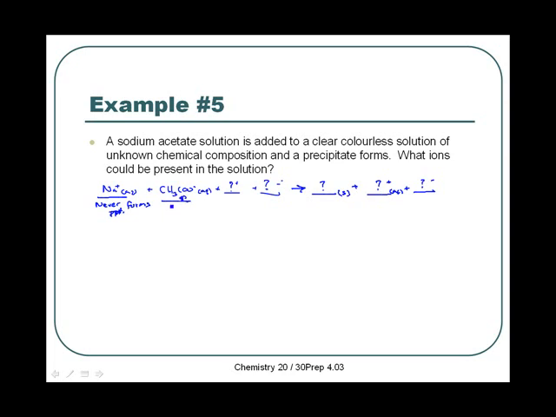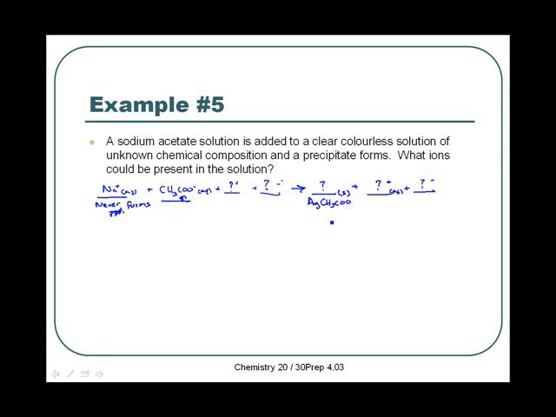And then we take a look at our acetate ion, which is in the second column there, and there are not many things that can form a solid with acetate. Most things don't. The only things that do are silver. So we could get AgCH3COO.